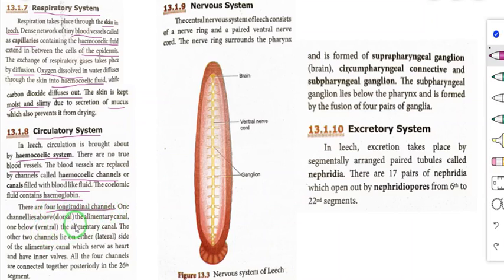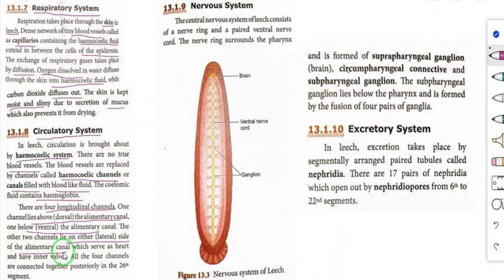One lies above the alimentary canal, the next one below the alimentary canal, and the other 2 on either side of the alimentary canal.